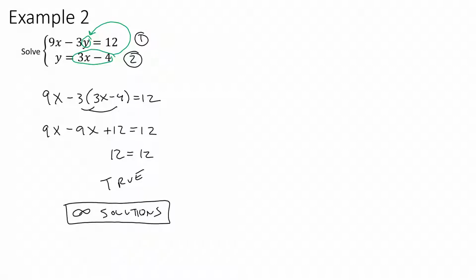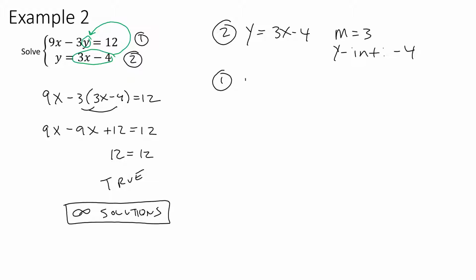Let's expand on that. Let's look at these. I know that for number 2, we have y equals 3x minus 4. The slope is 3, and the y-intercept is negative 4. Let's take a look and see what number 1 looks like.